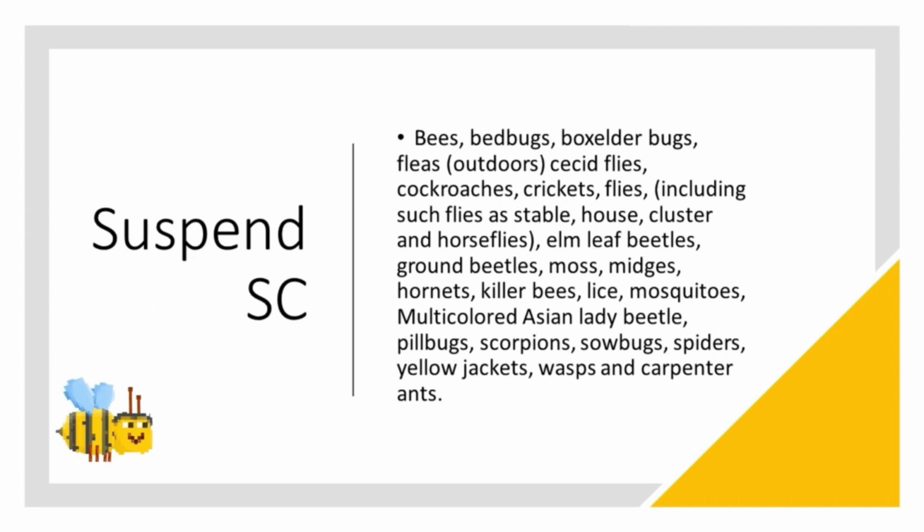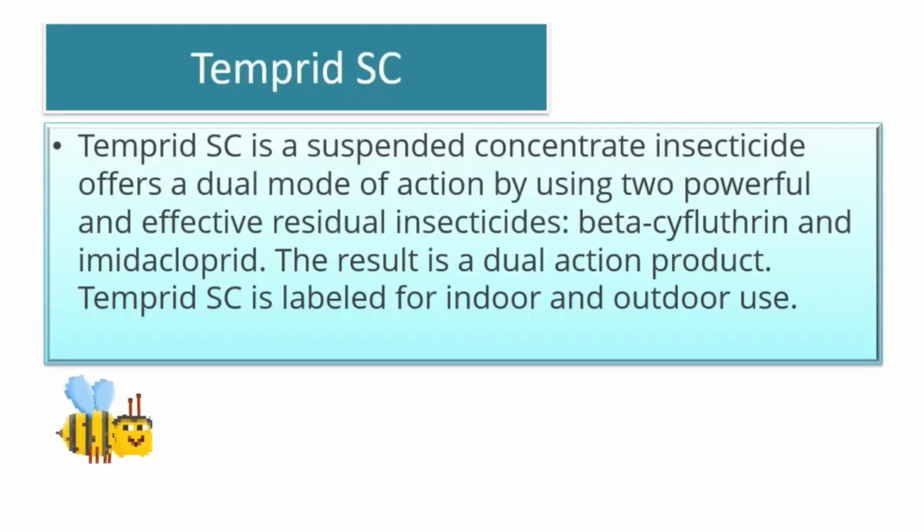Suspend SC is also labeled for bees, bed bugs, box elder bugs, fleas outdoors, cecid flies, cockroaches, crickets, flies, including such flies as stable, house, cluster, and horse flies, elm leaf beetles, ground beetles, moths, midges, hornets, killer bees, lice, mosquitoes, multicolored Asian lady beetle, pillbugs, scorpions, sowbugs, spiders, yellow jackets, wasps, and carpenter ants.